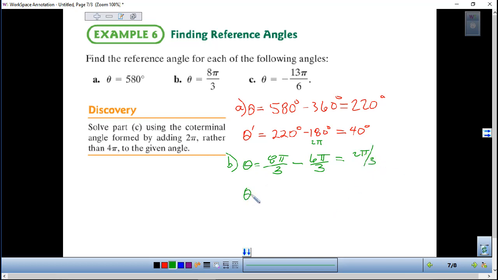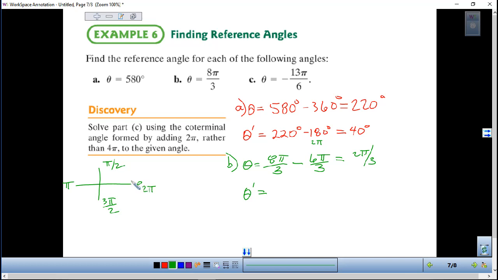And then to find theta prime, where is 2 pi over 3? Now let me show you a little trick here. We got 0, pi over 2, pi, 3 pi over 2, and then of course 2 pi. For some reason the pi throws people off. Here's what I want you to do: not think about the pi when you've got 2 pi over 3. Just think about 2/3. Where is 2/3 going to show up?